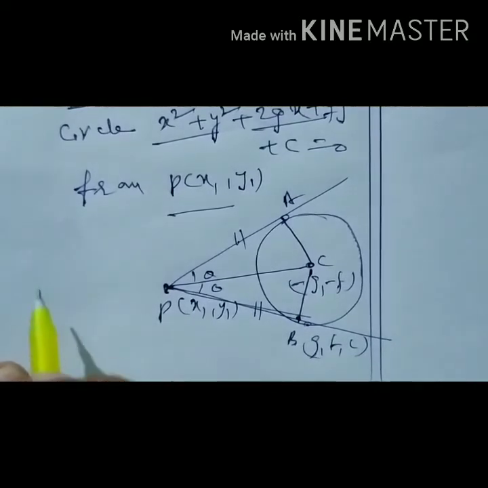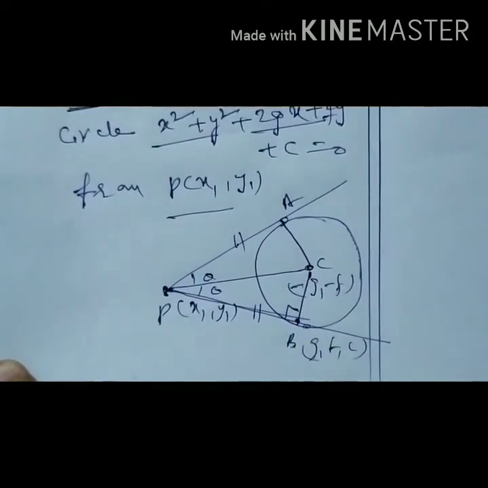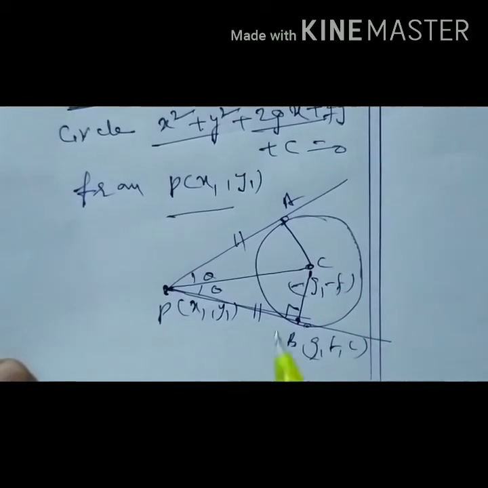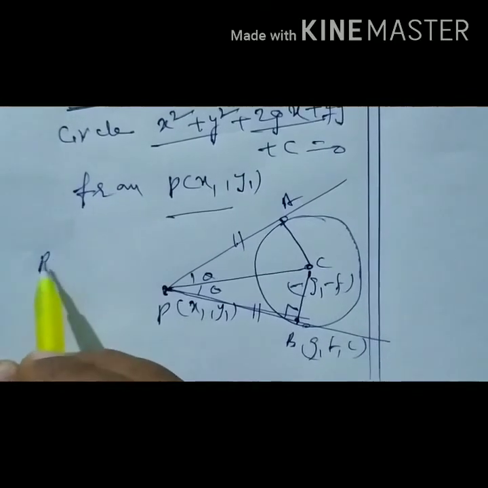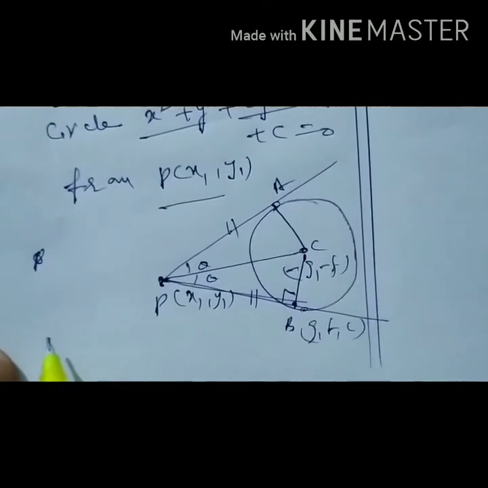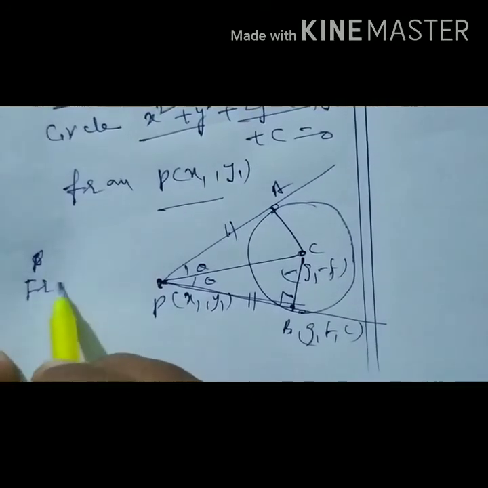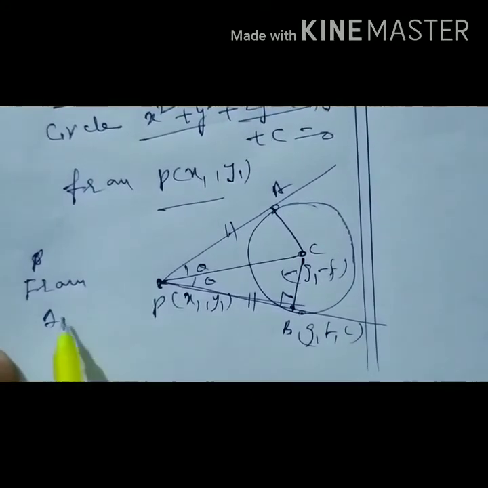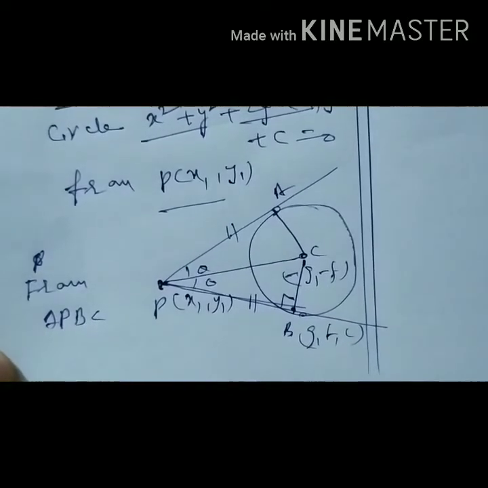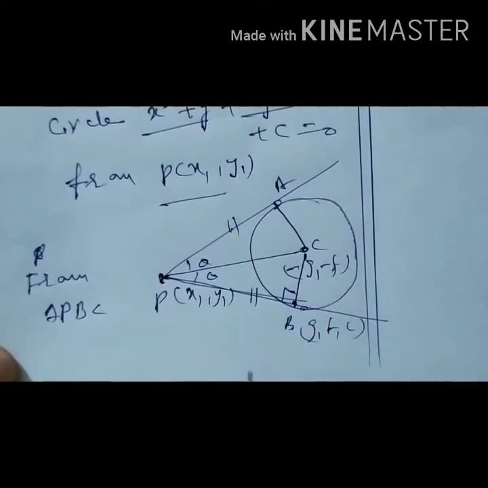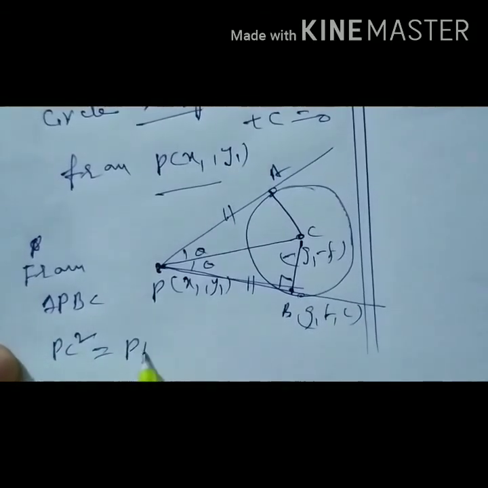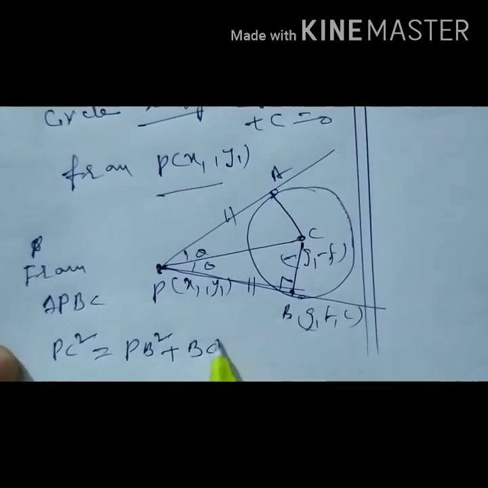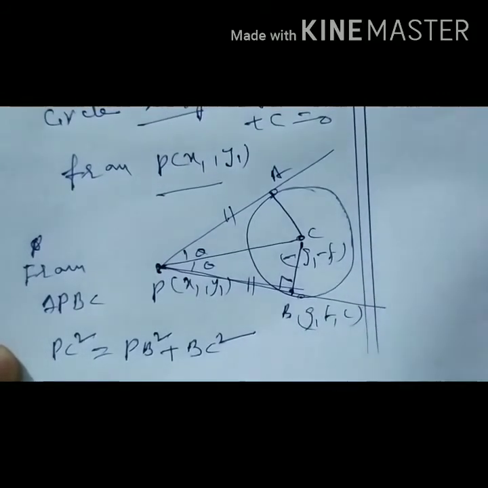So the length of the tangent PB can be calculated using Pythagoras theorem. From triangle PBC, or you can take PAC also, PC² = PB² + BC². This is the Pythagoras theorem result.